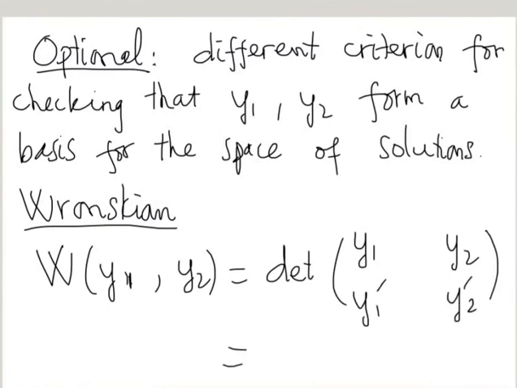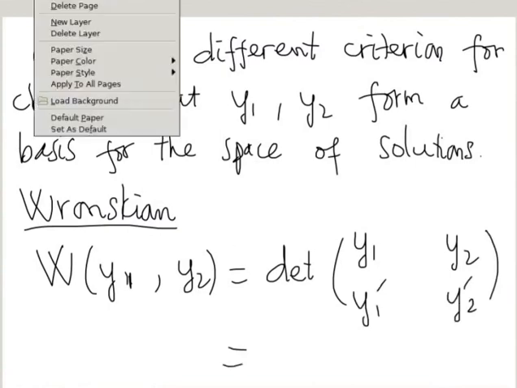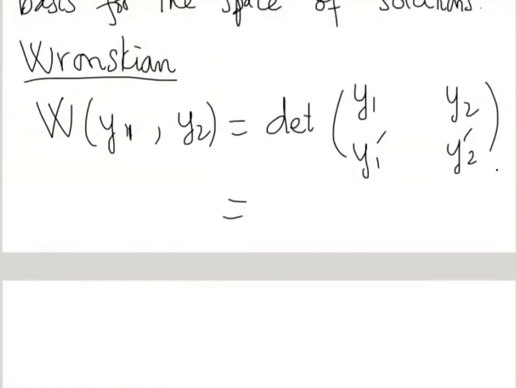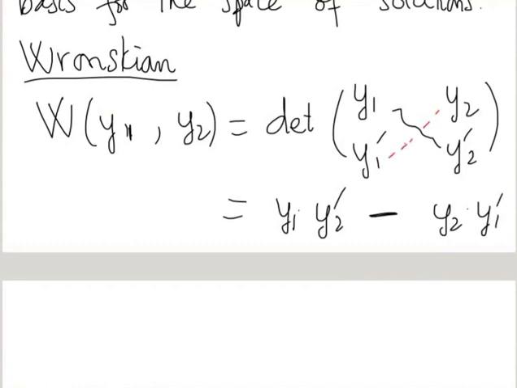And if you recall from your calculus 3, when you learned about cross product, the determinant is just you multiply these two together, y1 times y2 prime, and then you subtract y2 times y1 prime.